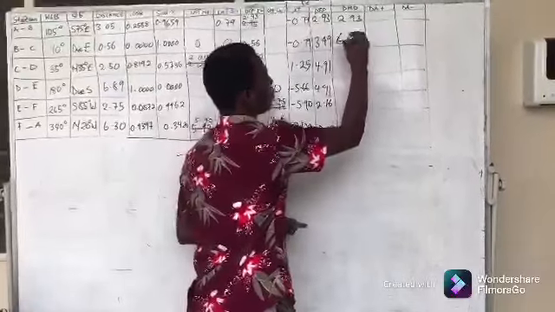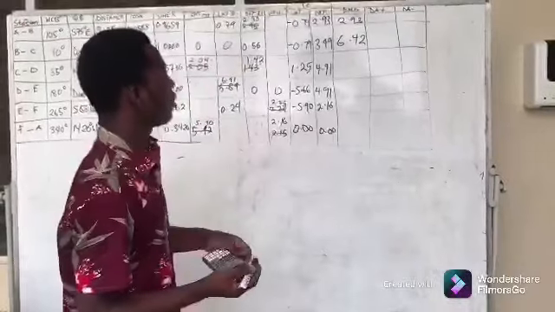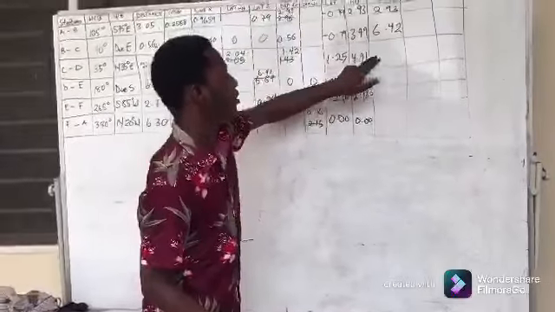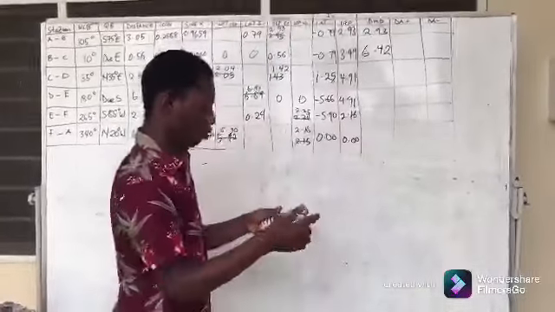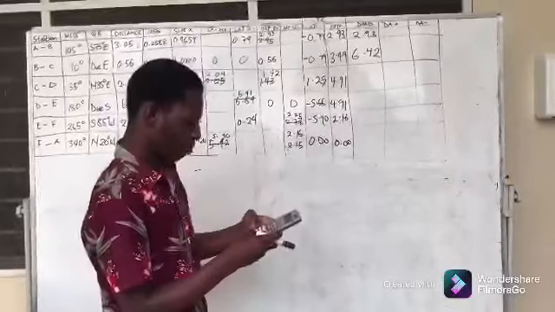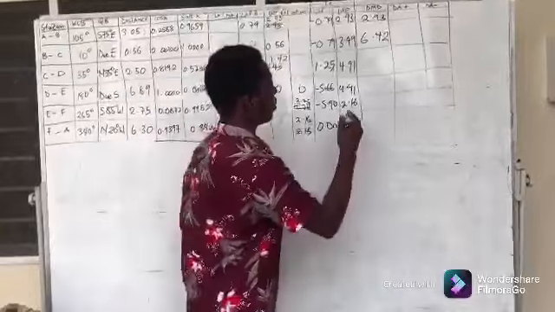Yes, you have to add this value plus this value to get to it. So 3.49 plus 4.91 will give you 8.40.